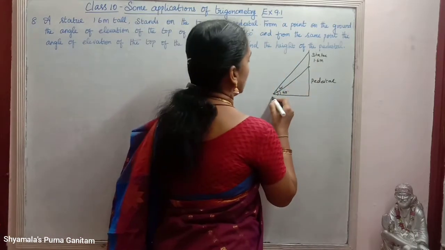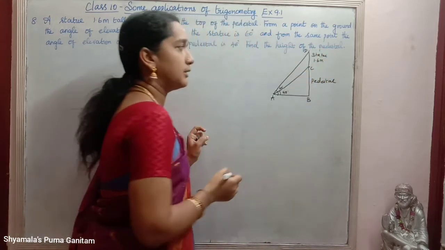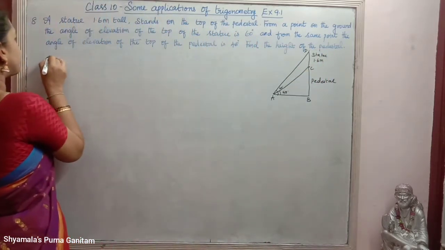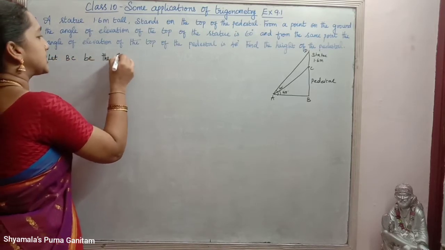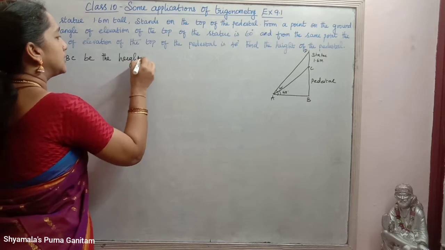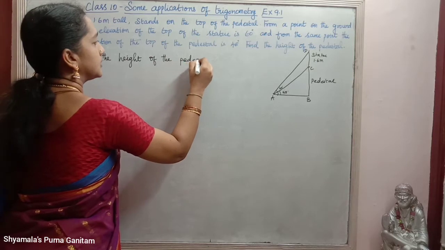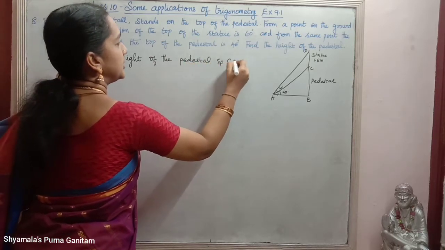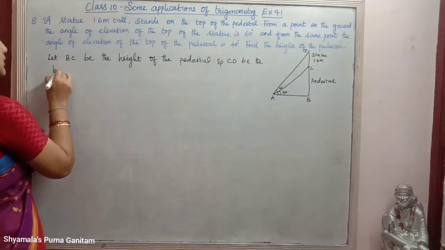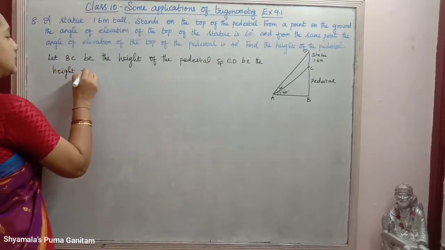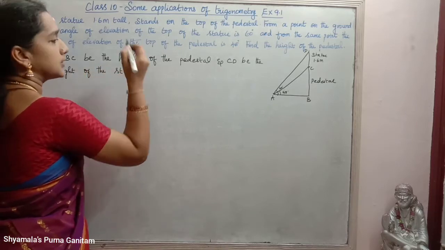Okay, so we will give the names A, B, C and D. Let BC be the height of the pedestal, and let CD be the height of the statue.